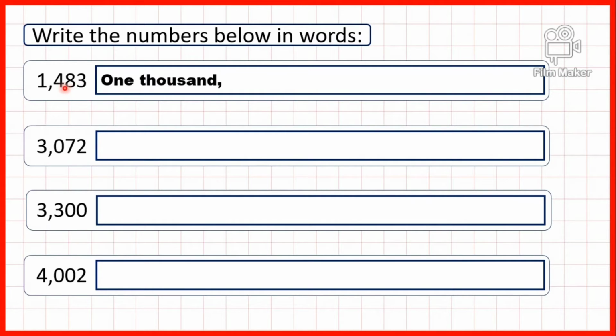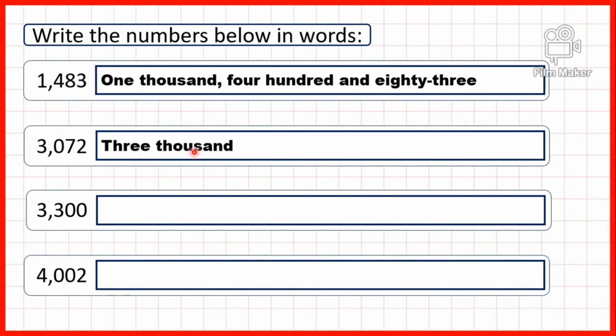Then we can look at the last 3 digits of our number, and we already know how to write 3-digit numbers in words. So we can see that here, because we have 483, we can write 483.